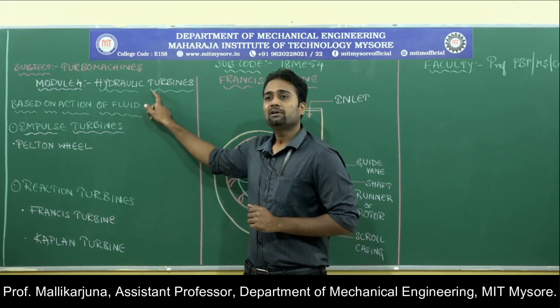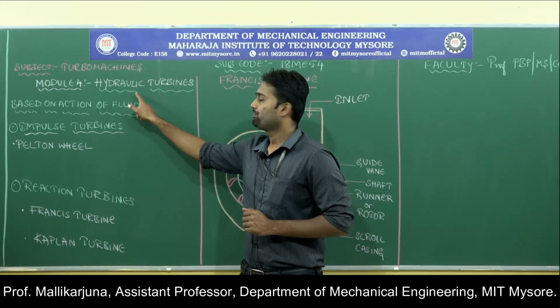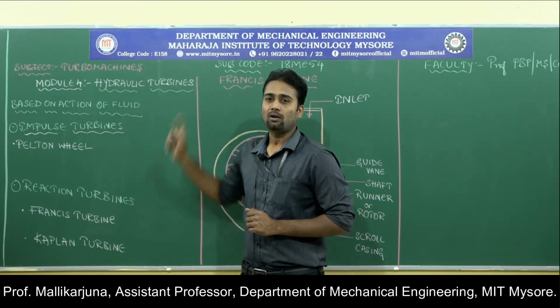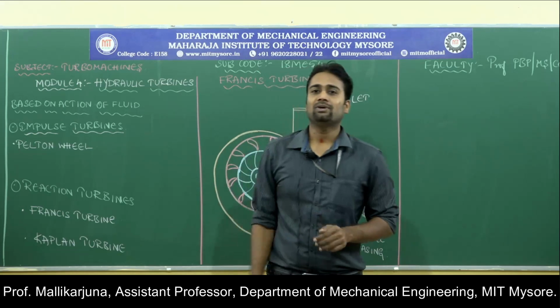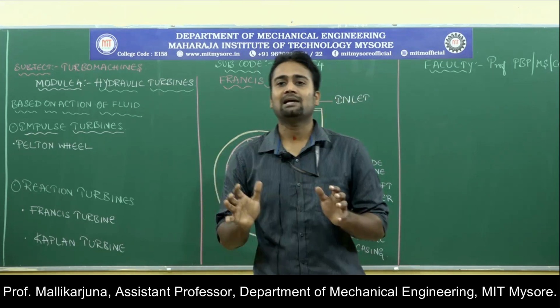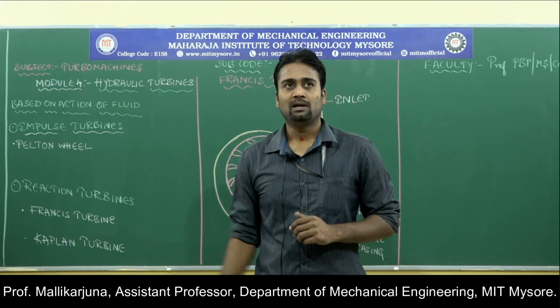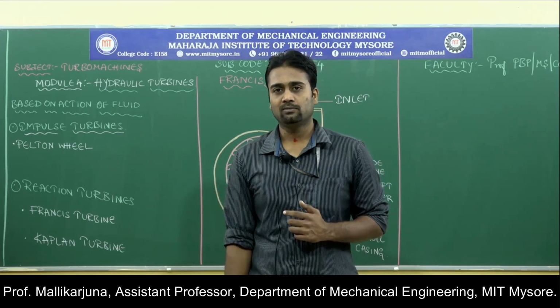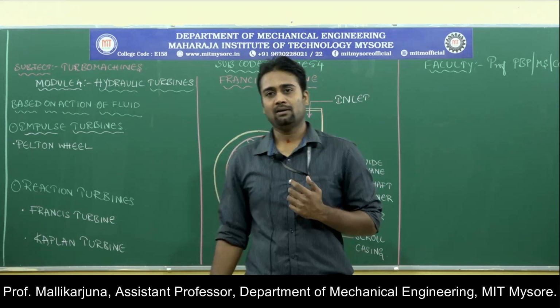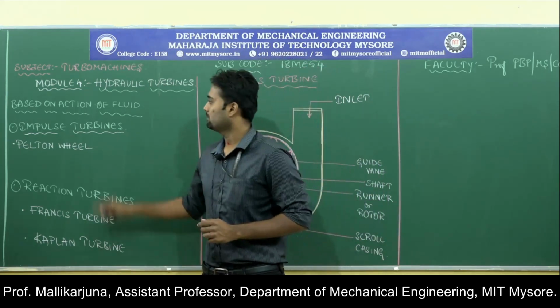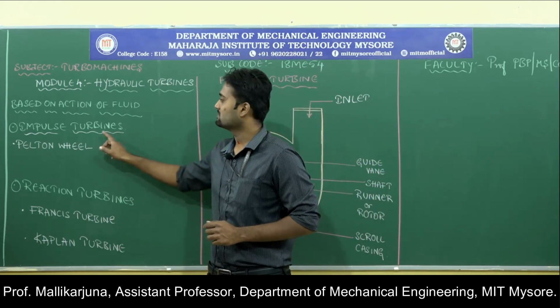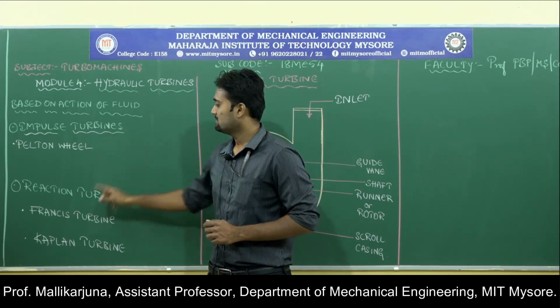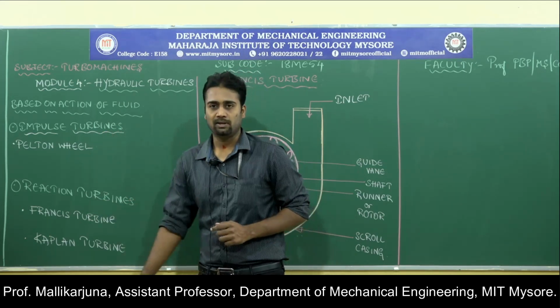It is very clear here: the turbine which is run with the help of water. Now, we have seen turbine classification in the previous sessions. Here also, based on the action of the fluid with the turbine, the turbines are classified into two categories. One is the impulse turbine, the second one is the reaction turbine.